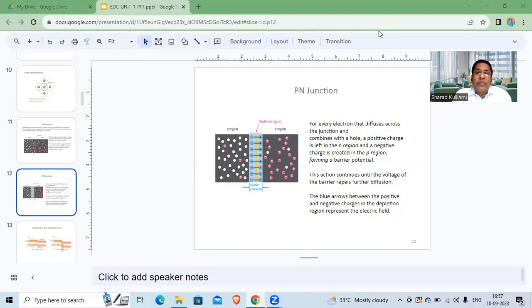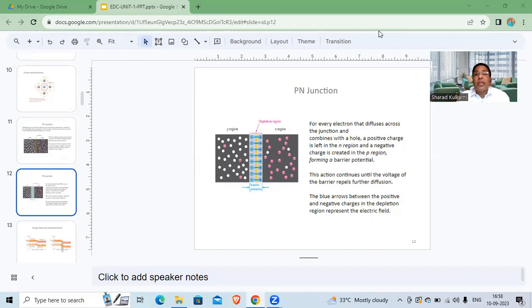And this electric field will develop a voltage. That voltage is called a barrier potential. And this barrier potential value for silicon is nearly equal to 0.7 volts, and for germanium it is equal to 0.3 volts at 25 degrees Celsius.